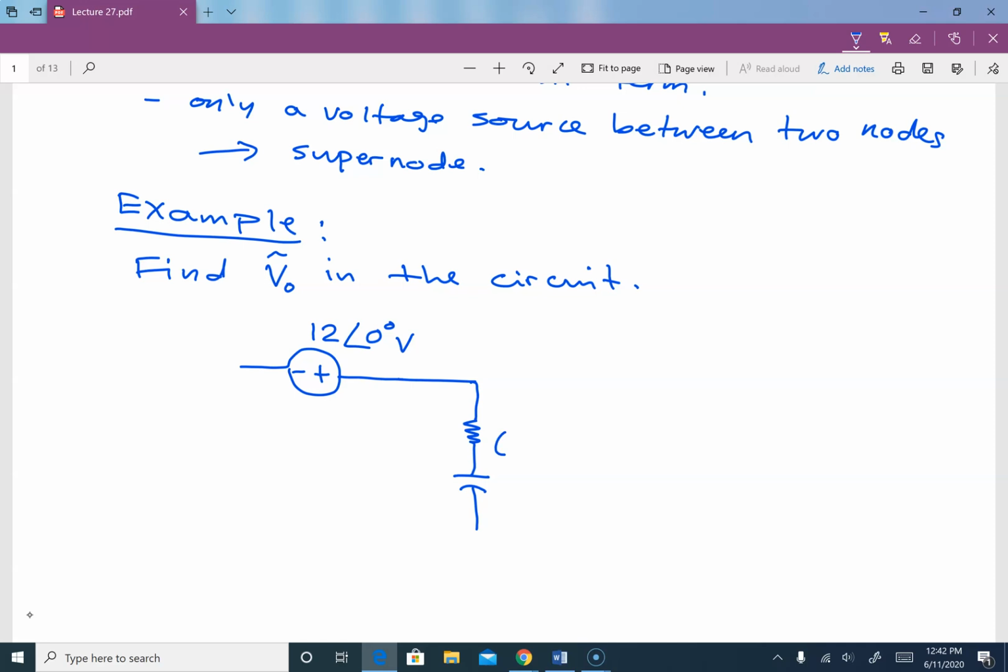This here is 6 minus J1, this is a 3 ohm, and this over here is J2 ohm.